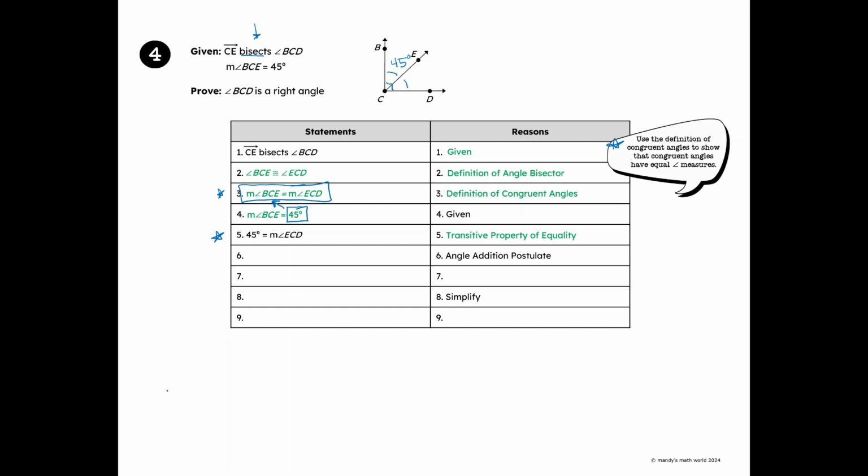Some of you might want to say, well, why isn't it the substitution property? I got to be honest, as a teacher, I would totally accept that from students. However, let's say you have A plus B equals C, and then you have A equals 4, well, that is when I would be using the substitution property, right?